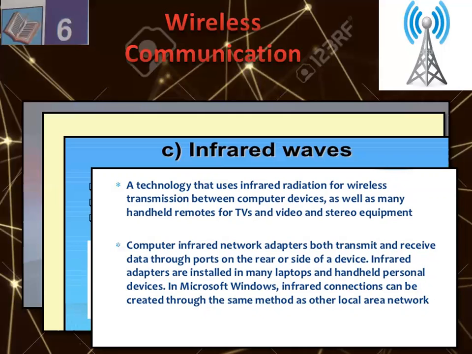Computer infrared network adapters both transmit and receive data through ports on the rear or side of a device. Infrared adapters are installed in many laptops and handheld personal devices. In Microsoft Windows, an infrared connection can be created through the same method as other local area networks.